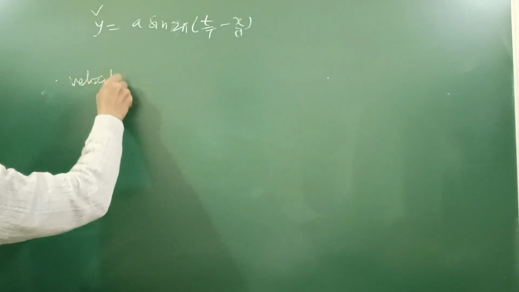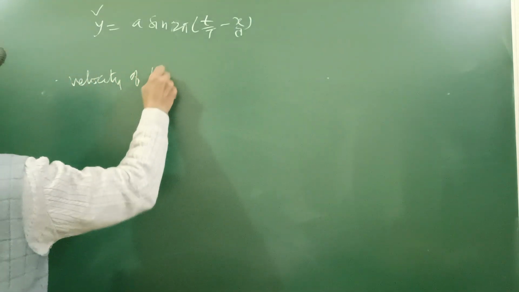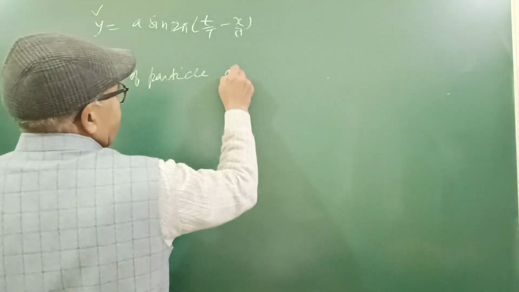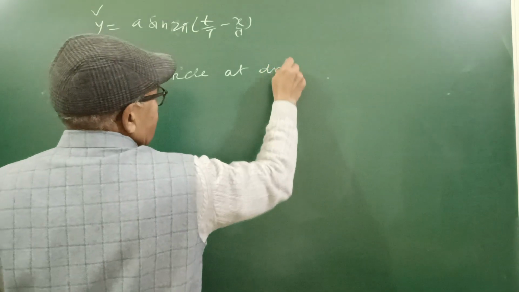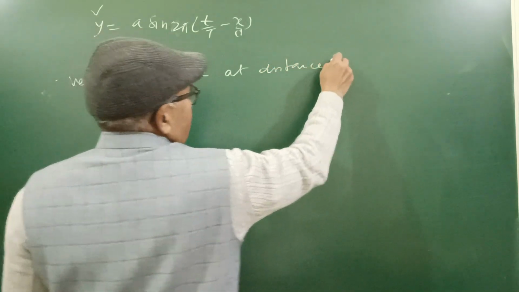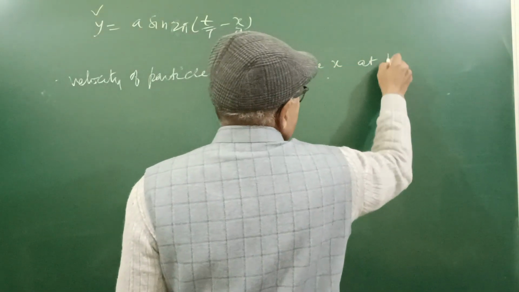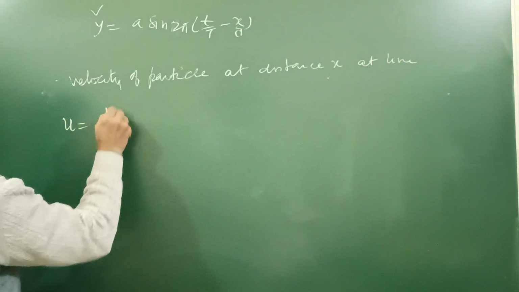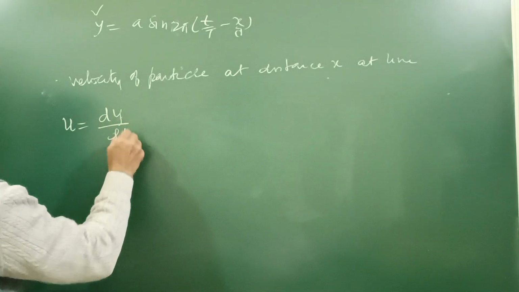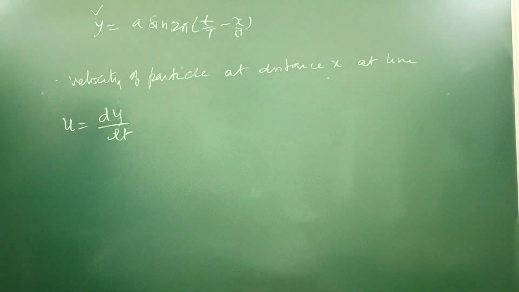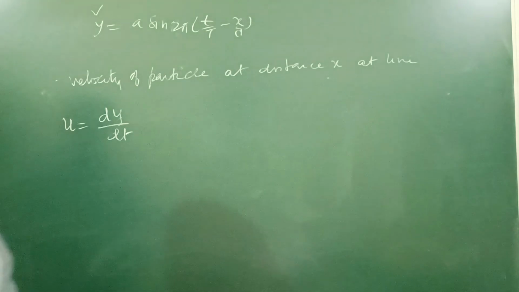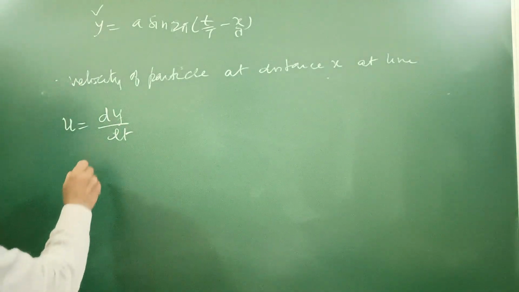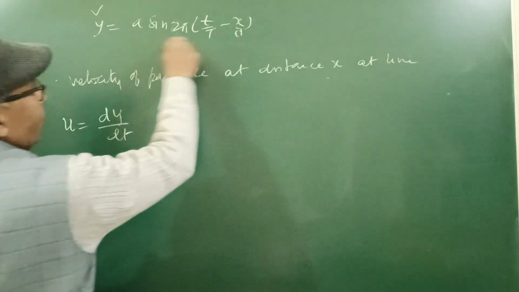Velocity of particle at distance x at time t, u is equal to dy upon dt. I am not taking dy over dx because I want to tell the velocity, distance upon time.